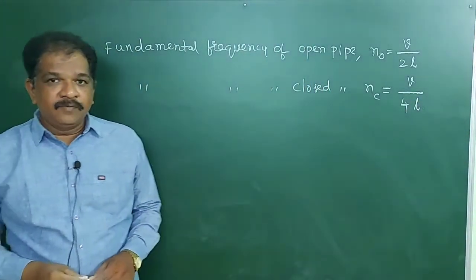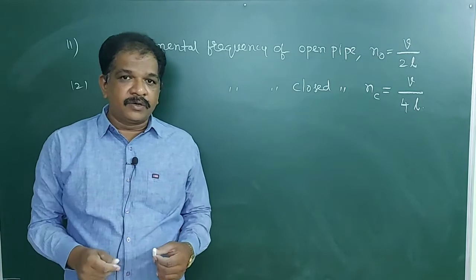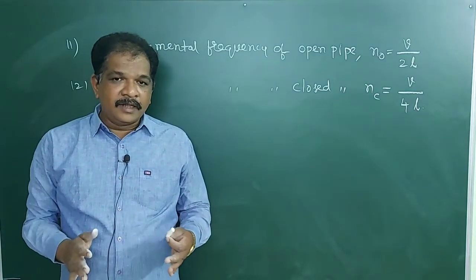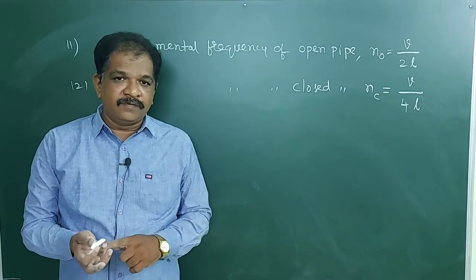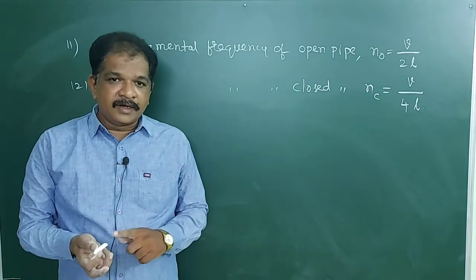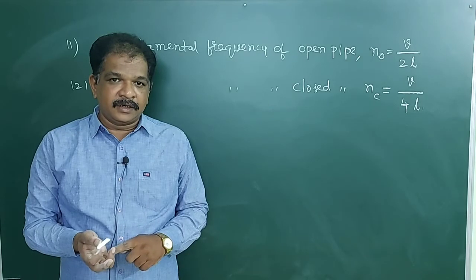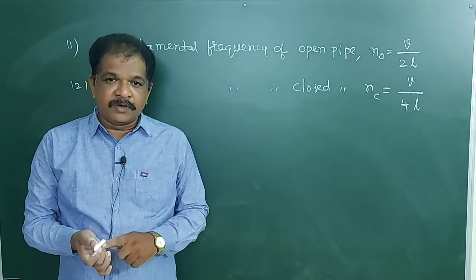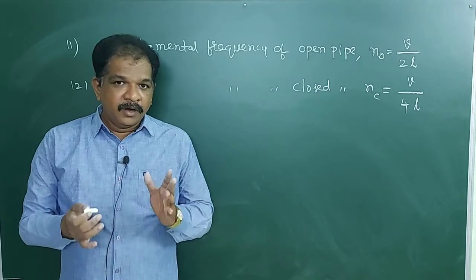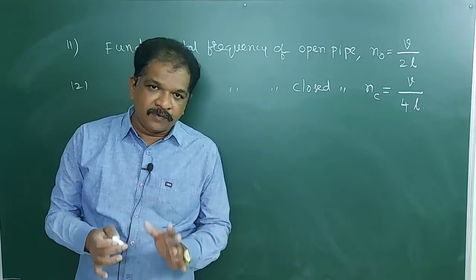Here, on harmonics and overtones, some confusion will arise for you. Fundamental frequencies, what are there? String is there. Next one will be open pipe. Next one will be closed pipe. How the frequencies will be formed, I will tell.